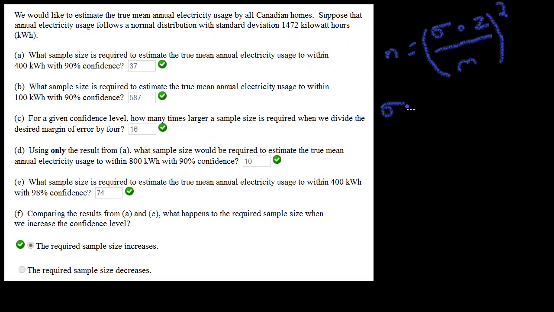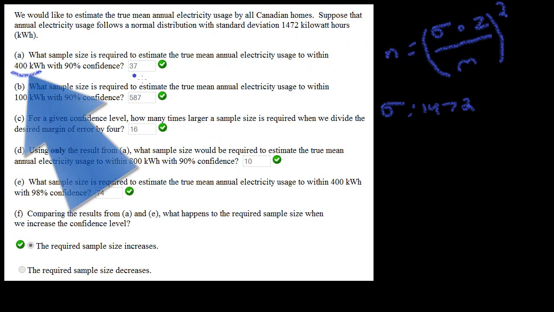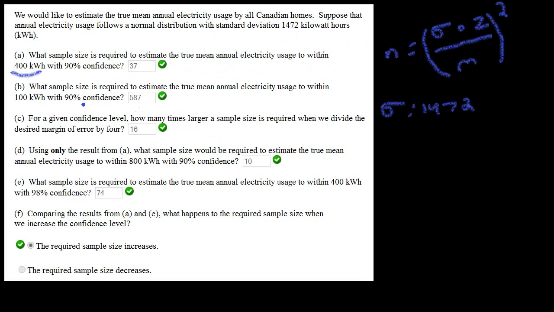So we have our standard deviation, 1,472. The margin of error is given in this question as being within 400 kilowatt hours. So the margin of error is going to be 400. Now our z value is given as being 90%, but we need to convert that into the standardized z-score.